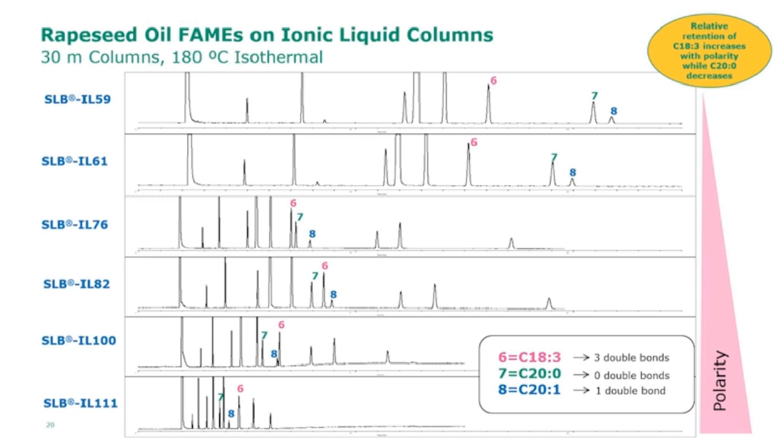And when we get to the extremely polar SLBIL111, we now have the C20 saturated fatty acid methyl ester eluting prior to the C18:2 fatty acid methyl ester, and the C18:3 moving well downstream, almost co-eluting with the C22 saturated fatty acid under these particular conditions.